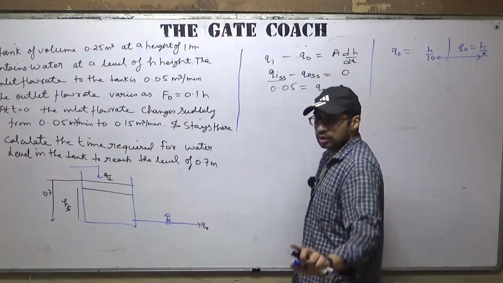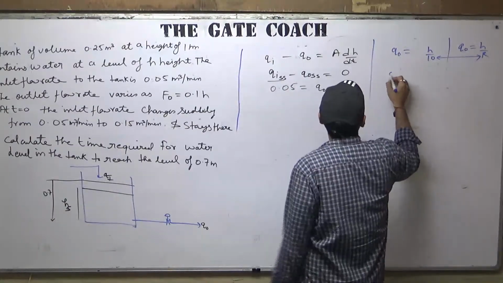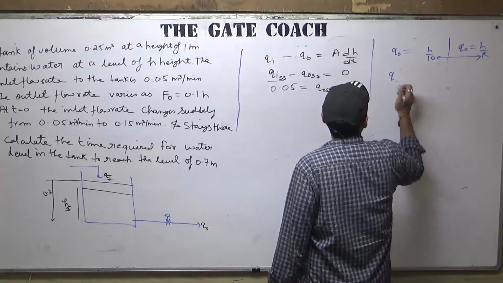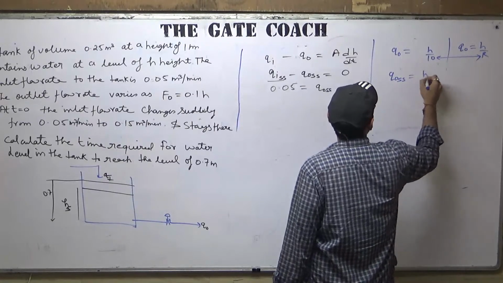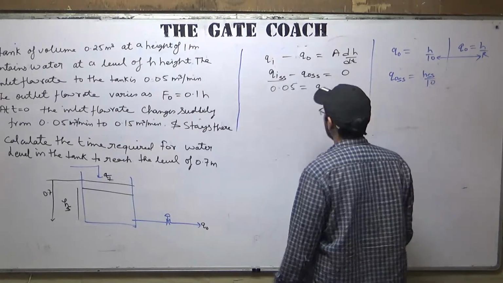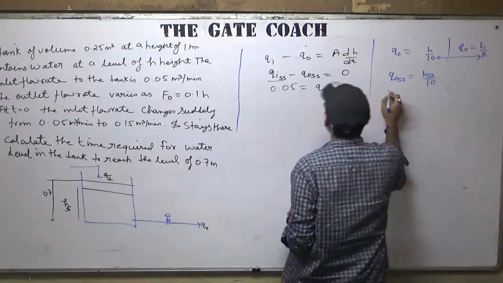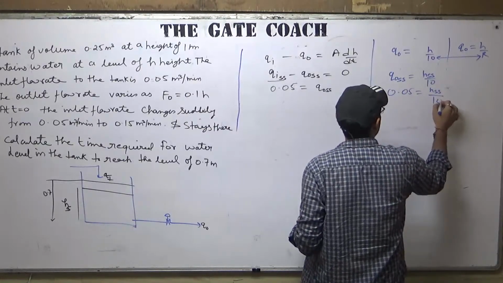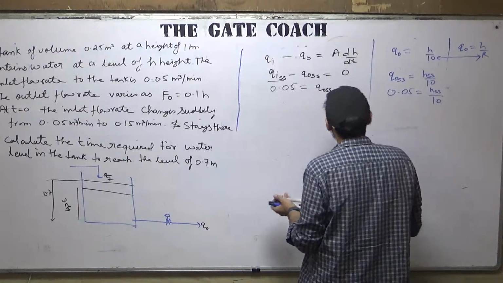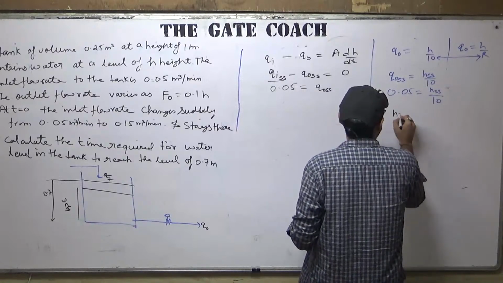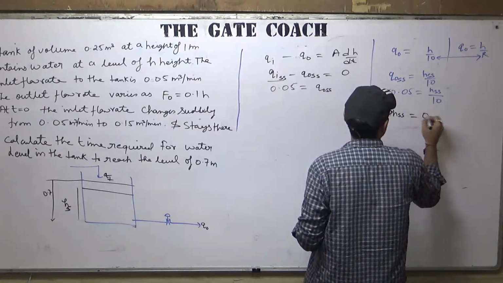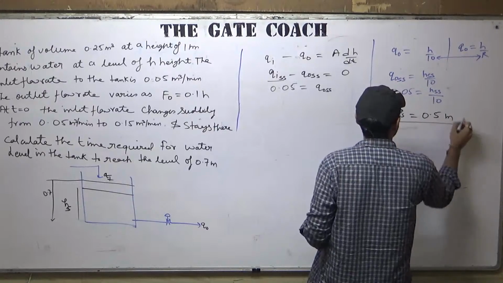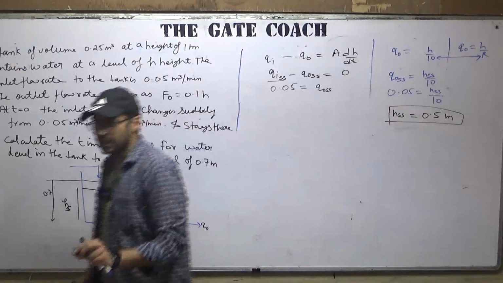Now, what is q naught ss? That equals hss divided by 10. We know the value of q naught ss: 0.05 equals hss divided by 10. So from here we can easily calculate the value of hss, that equals 0.5 meter. Till now everything is clear or not?